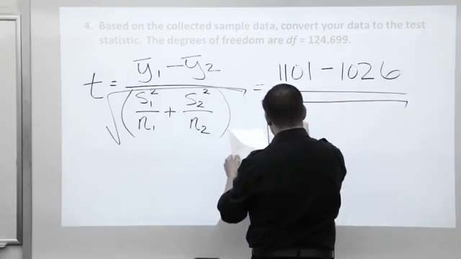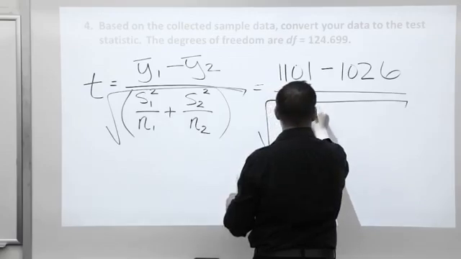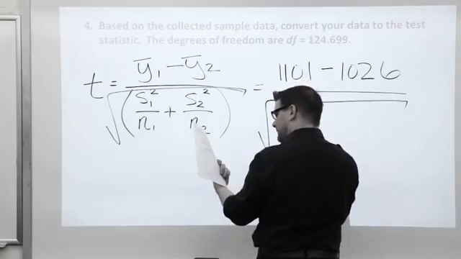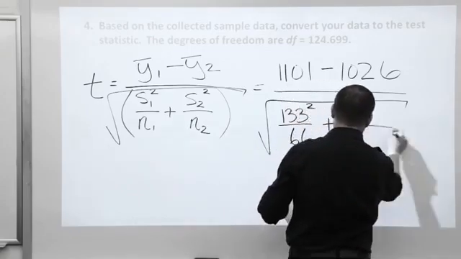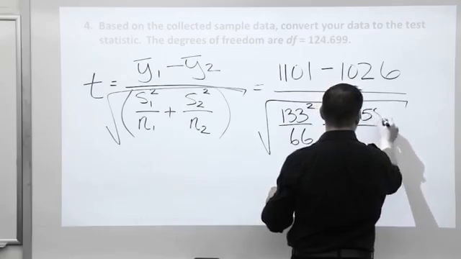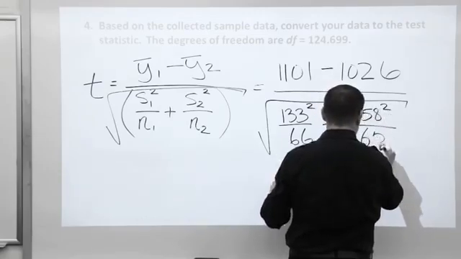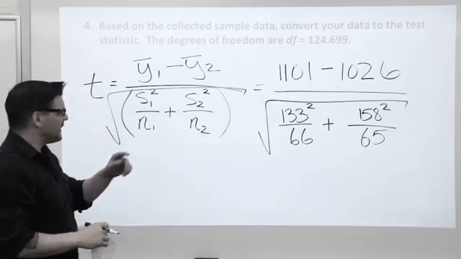S1 squared, so this would be the 133 squared over the sample size 66. Plus, for the other group, 158 squared over 65. A little bit of a mess.